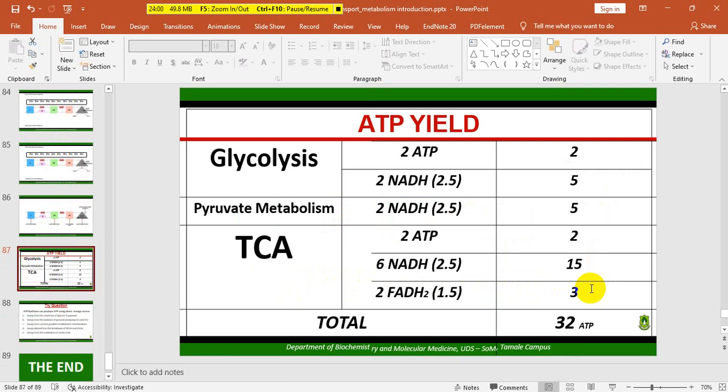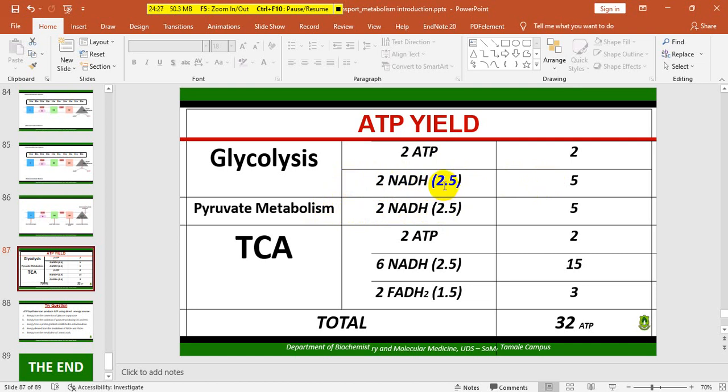So, energy yield. Glycolysis will produce 2 ATP. Pyruvate metabolism will produce 2 NADH.